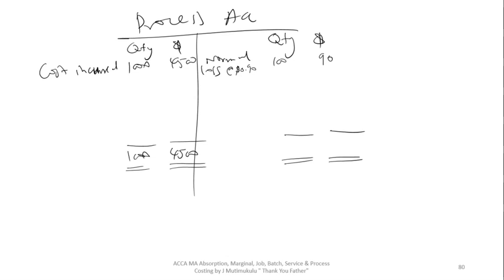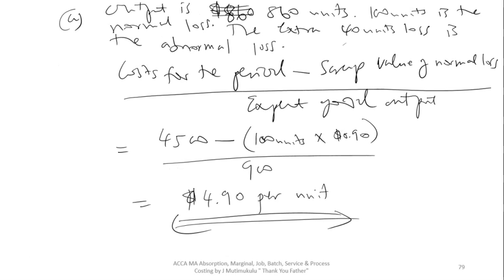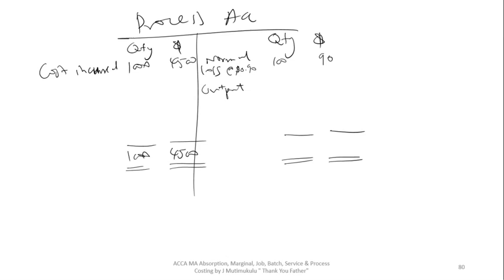Then the output, transfer to finished goods. The output is based on the cost per unit, which we have just calculated. Let's talk of the good output to start with. The actual good output was 860, at the cost we have just calculated of $4.90.